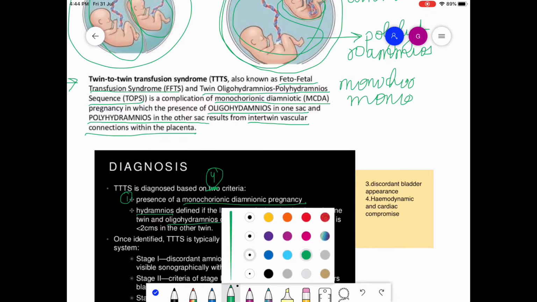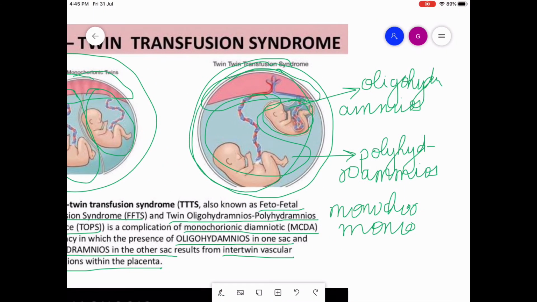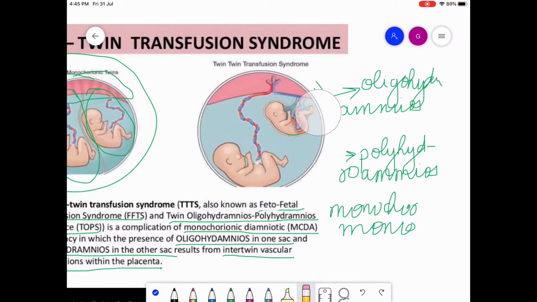So now these pockets, for example, this one was the diagram of twin to twin transfusion syndrome. This is saying that this one is the largest pocket. So the largest vertical pocket should be greater than 8 cm, and in this twin the greatest vertical pocket should be less than 2 cm.